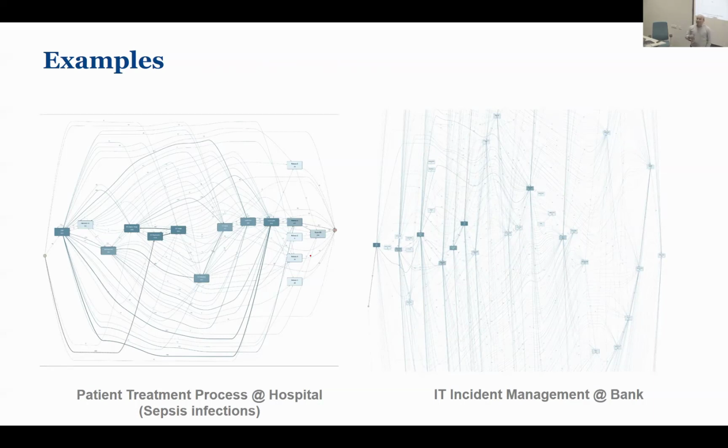The boxes in that process map correspond to activities like creating a help desk ticket, or sorry, an IT incident ticket, investigating, designing a resolution, testing a resolution, escalating a resolution to a software vendor, etc. All those are the activities in the process map, and then you see all the directly-follows relations that were observed in that event log. It's very messy. So we definitely need a way to simplify them.